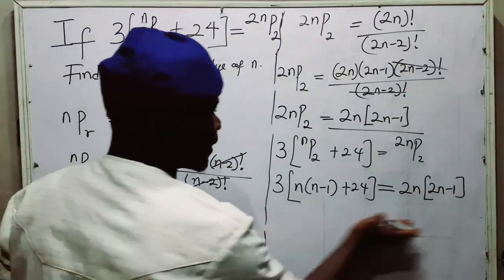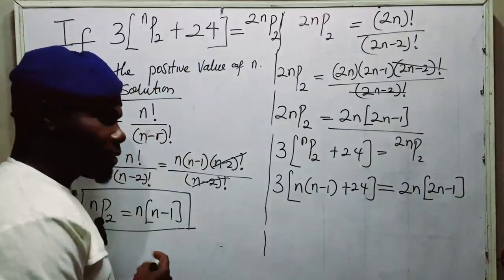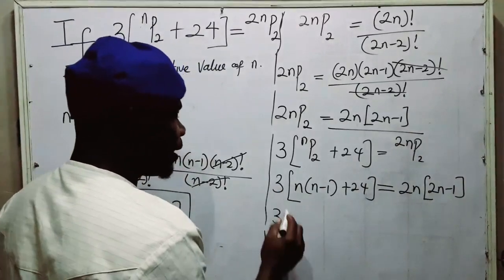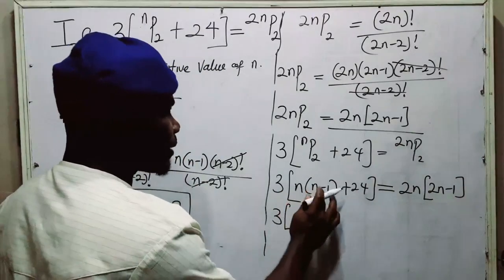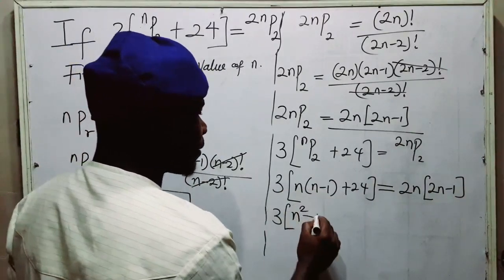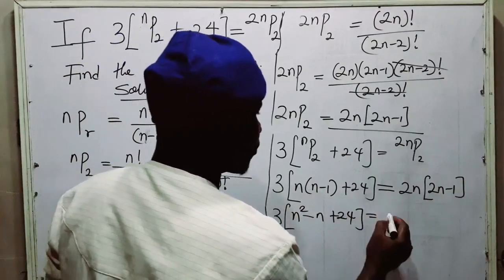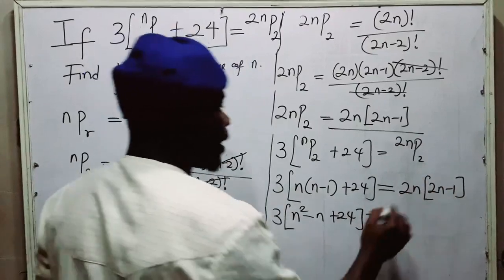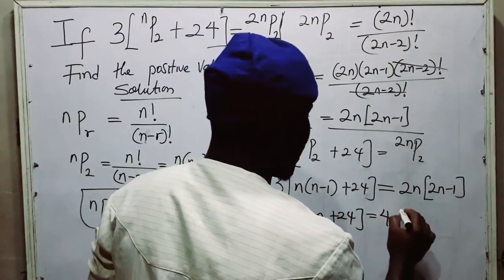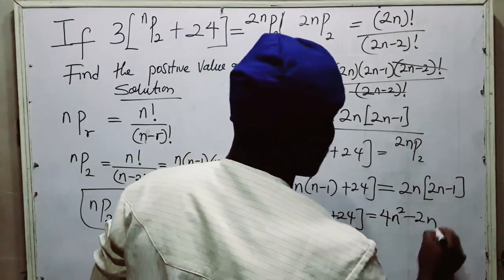So let's expand this equation and see how meaningful and interesting it is. We have 3. So n times n, we have n squared. n times minus 1, minus n, plus 24 is equal to 2n times 2n, we have 4n squared. 2n times minus 1, minus 2n.